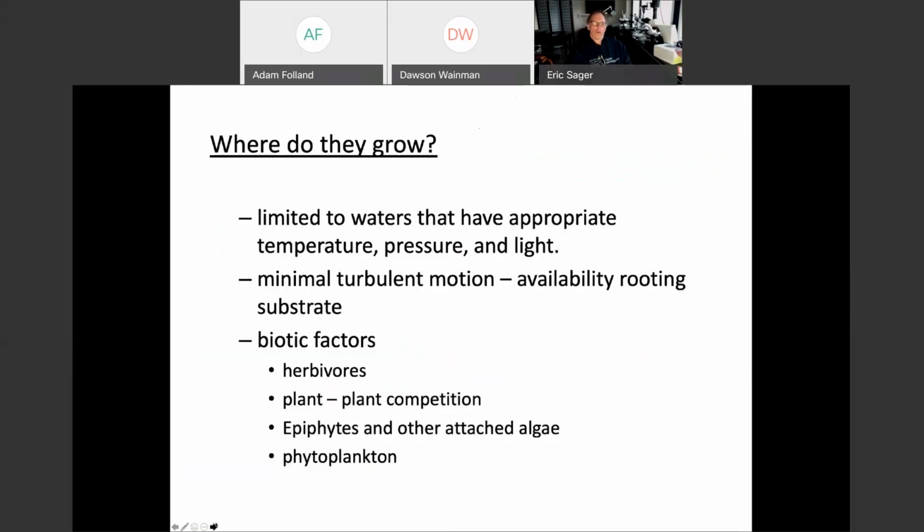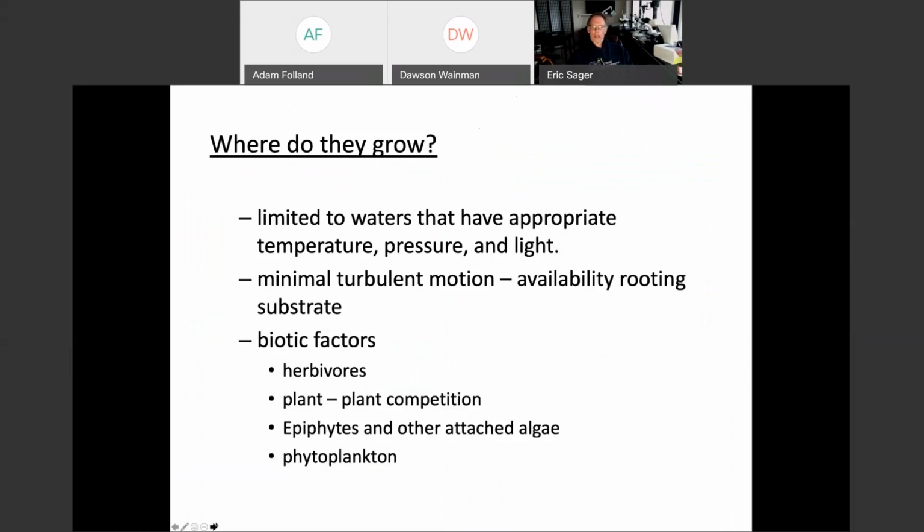So just a quick aquatic macrophyte 101, where do they grow? They're limited by light. They're rarely limited by nutrients. We talk about algae being nutrient limited. They're limited by temperature.